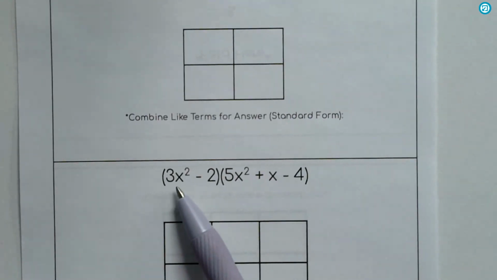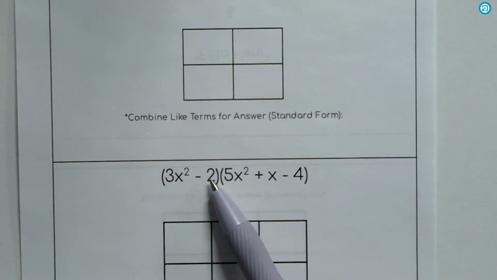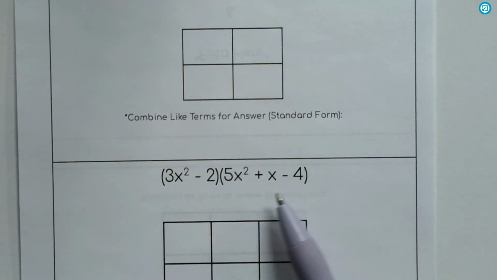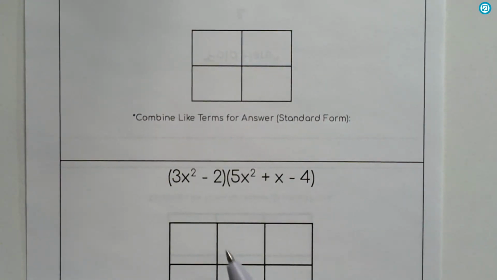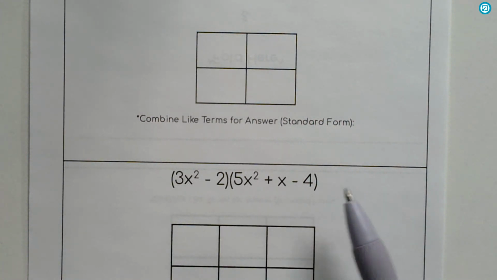But when you get to more terms, you got to remember to multiply the 3x squared by the 5x squared, the 3x squared by the x, the 3x squared by the negative 4, then go multiply the negative 2 by the 5x squared, the negative 2 by the x, and the negative 2 by the negative 4. Having to do all of that and just trying to make sure that we don't lose where we are is a lot. So that's why we're using this box method instead.